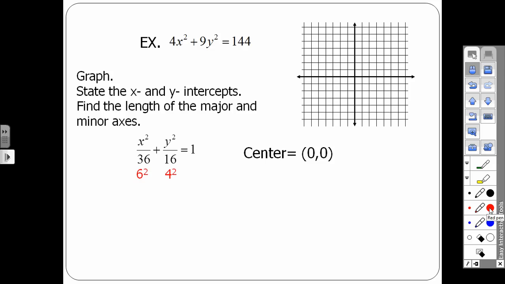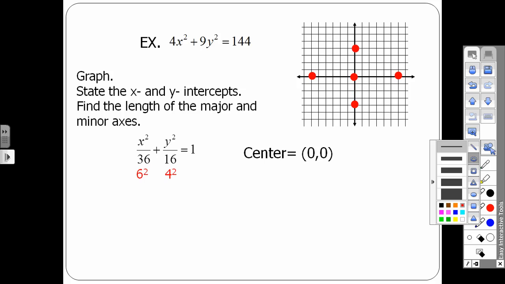Okay, so let's go ahead and start graphing here before we do anything else. The center's at the origin, and then we're going to move 6 units in the x direction: 1, 2, 3, 4, 5, 6, and 1, 2, 3, 4, 5, 6. And then 4 up and down: 1, 2, 3, 4.